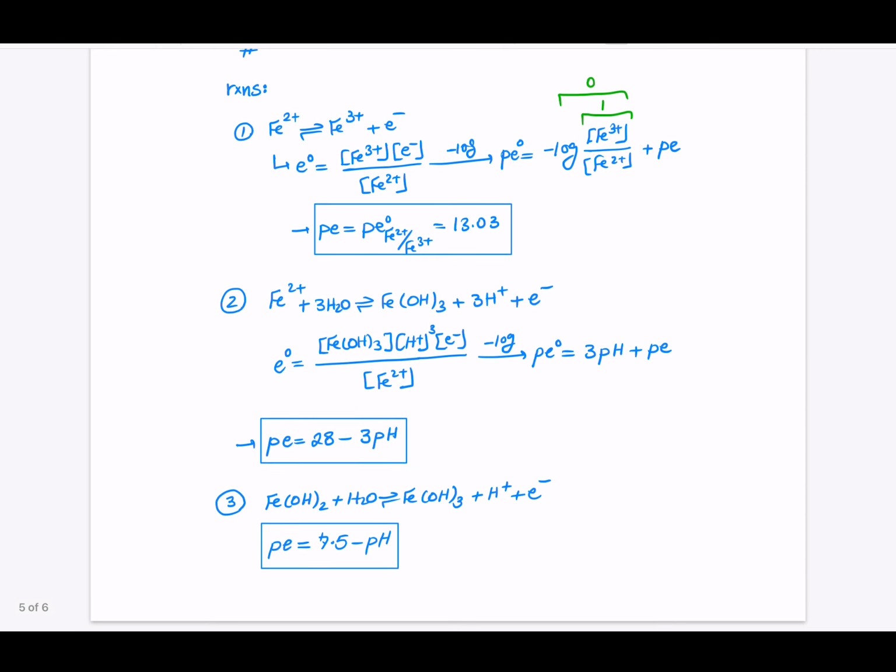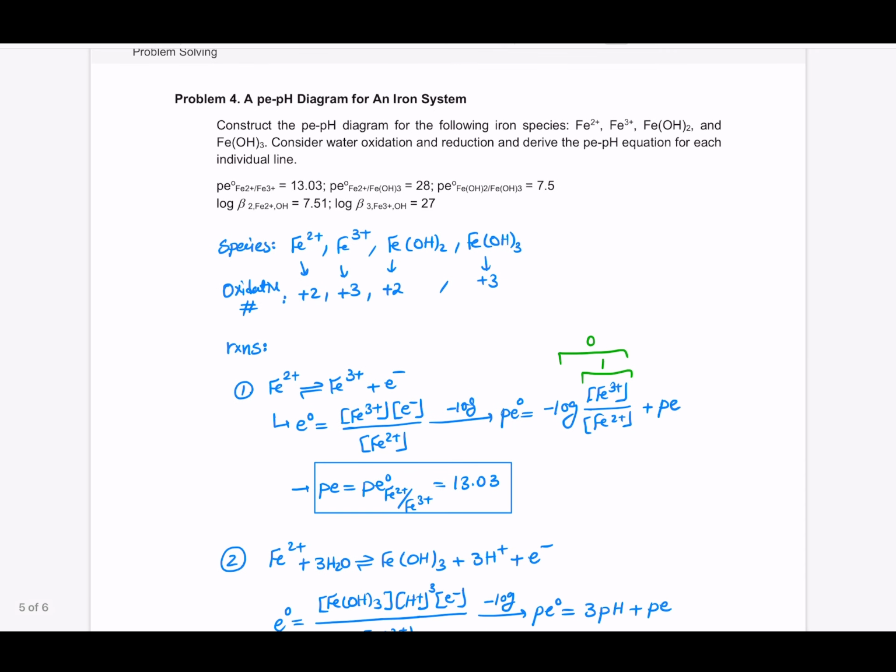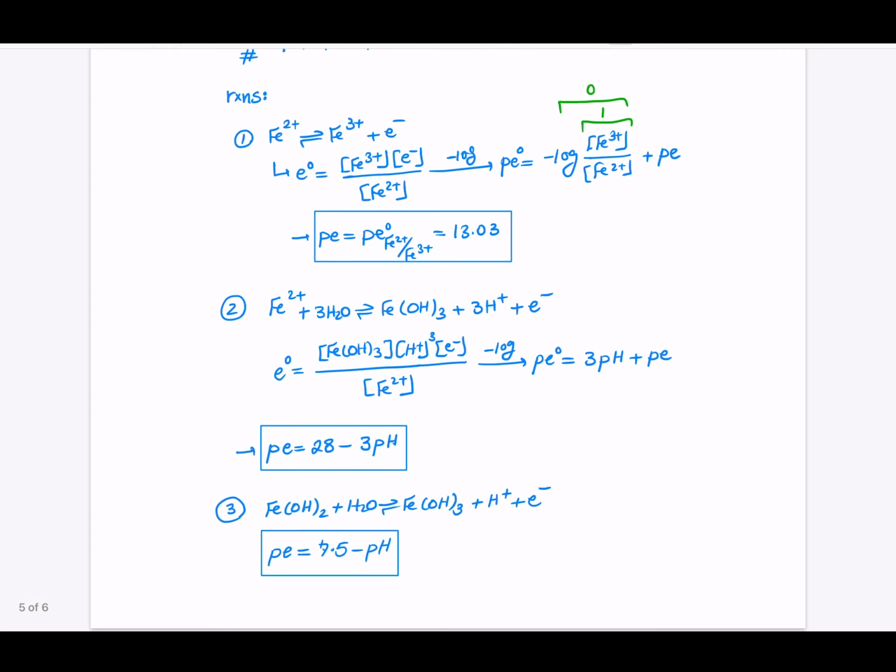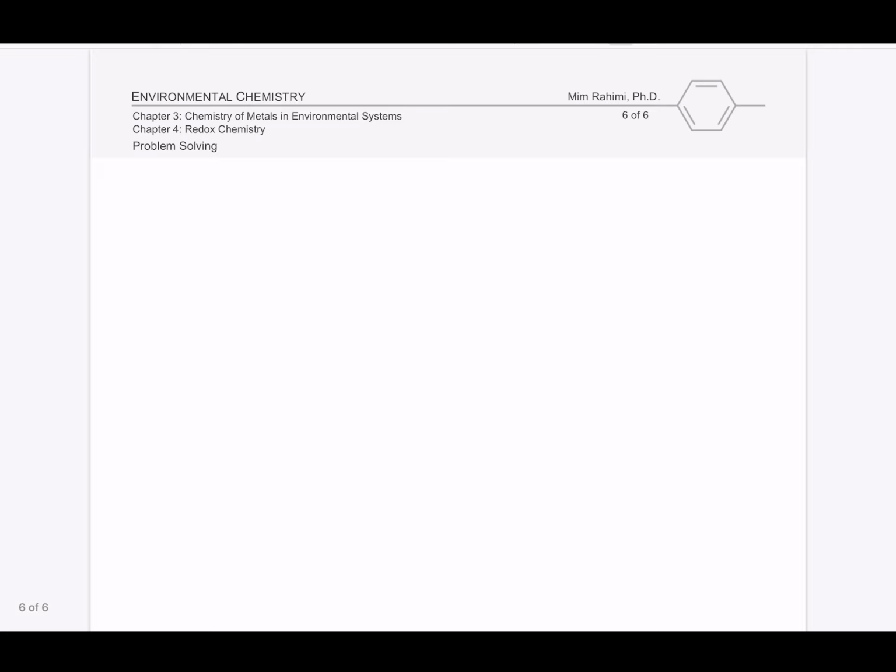Okay. So we're done with the 3 redox reactions. Now let's focus on the 2 complexation reactions. For the very first complexation reaction, line number 4, we basically have Fe2+ plus 2 hydroxide going to Fe hydroxide 2.